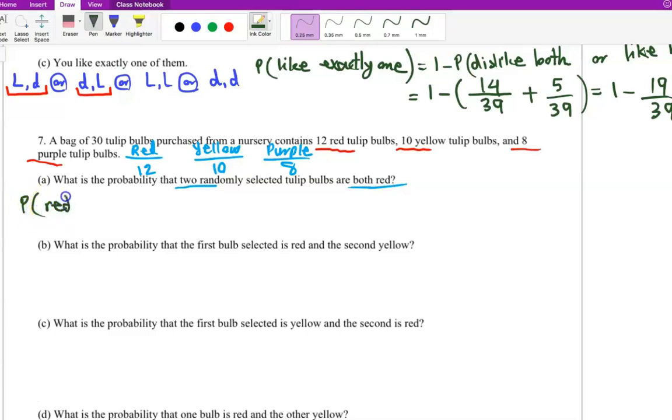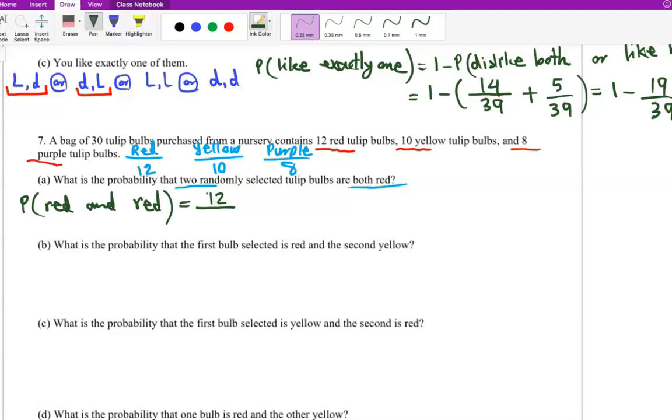Probability of red and red. Okay, so how many reds we have is 12.